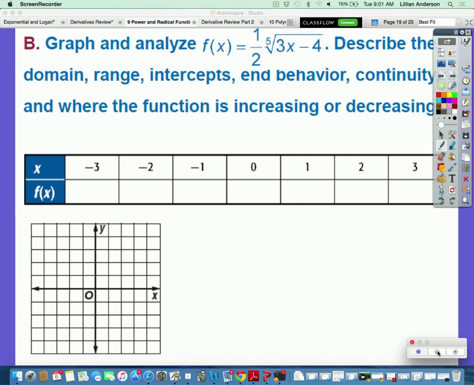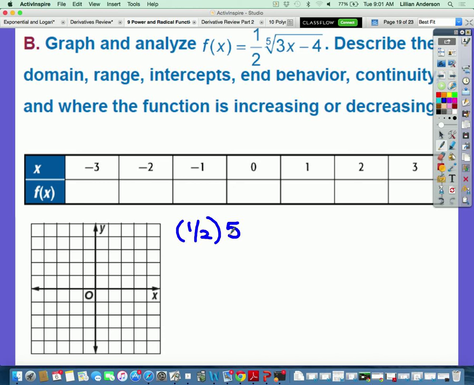To do the fifth root, realize you have 1/2 times the fifth root of 3x minus 4. So that means we're going to do 1 divided by 2, or you can do 0.5. Doesn't matter. To do the fifth root in your calculator, you press 5, then you go to math, then you go down to option 5, which has an x and then a root. And it makes your life easy. It basically gives you the fifth root.